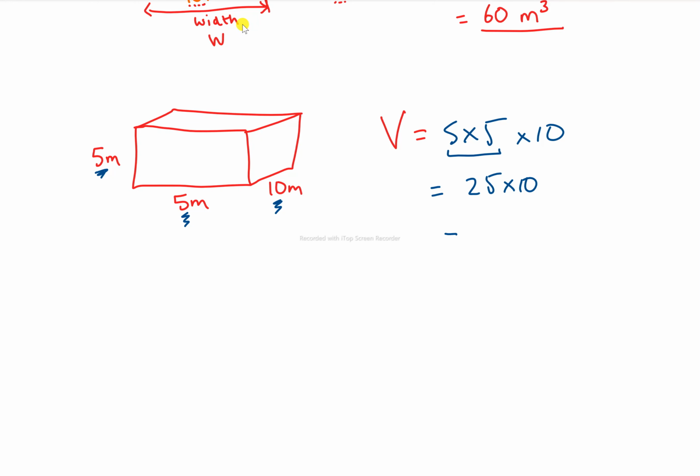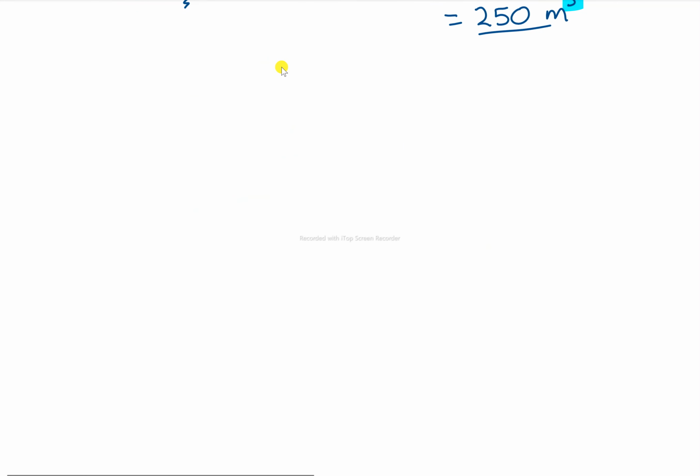Then the next step in my head is 25 times 10. And because it's a whole number and there's 1 0 here, I simply add a 0. And what are the units? Meters cubed. One way I remember this is, look, it's 1 dimension, 2 dimensions, and then 3 dimensions. So that's why I put 3 there. Cubed. Right, let's do one more, and then I'm going to show you another one.